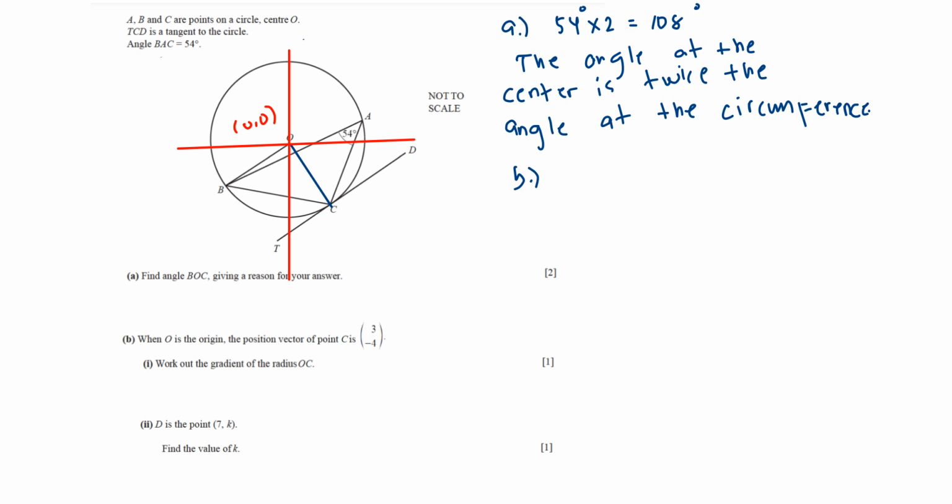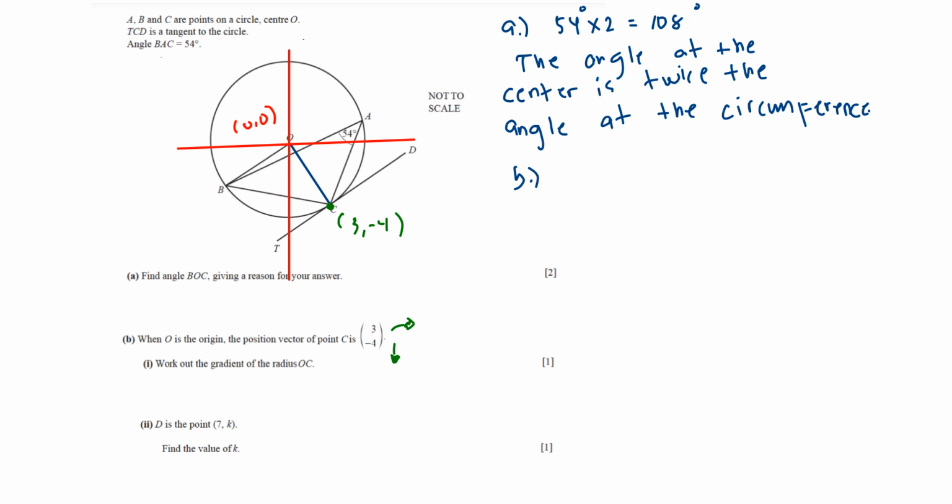Let's use another color. So this is C. The coordinate of this one will be (3, -4). Because of this vector, that means you go to the right 3 places and down 4 places.